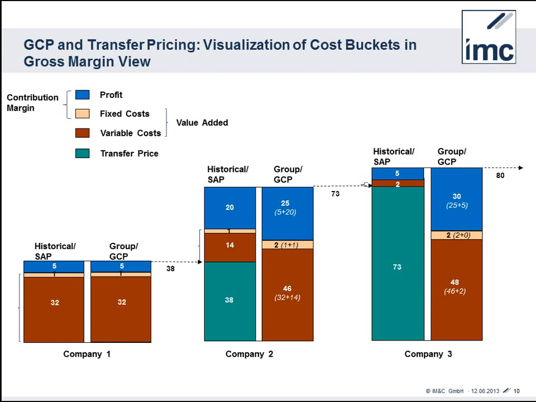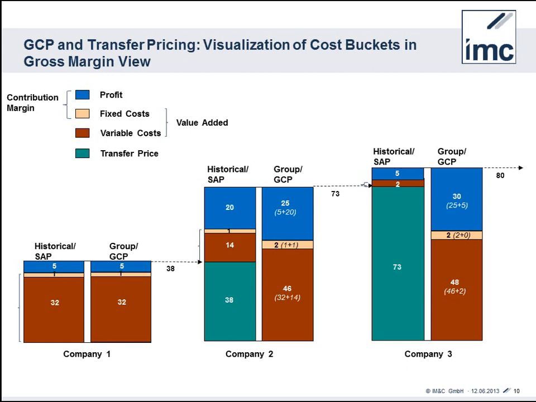Now, in this example, again, we tried to keep these examples simple, because as soon as you get into calculations, it's very easy to get lost on slides. But if you look at what happens here, you see what is the portion of transfer price which is added as a result of a transaction when goods move from company 1 to company 2.